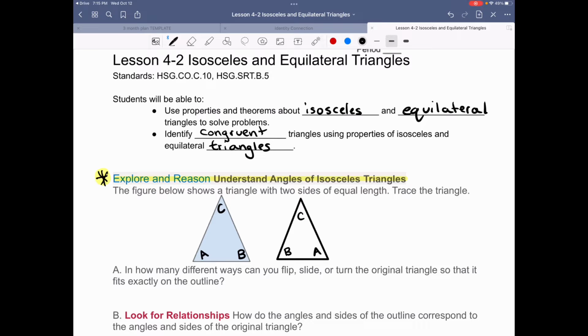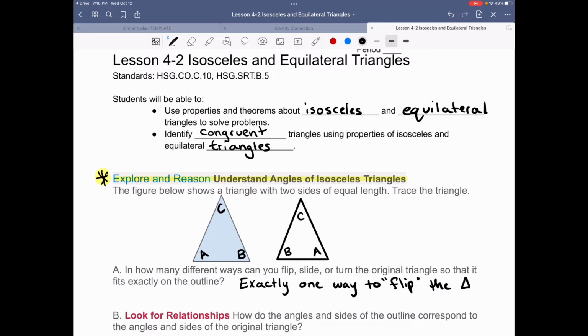So there is exactly one way to "flip." I'm putting that in quotations because the correct word we use is reflection. There's exactly one way to flip the triangle.